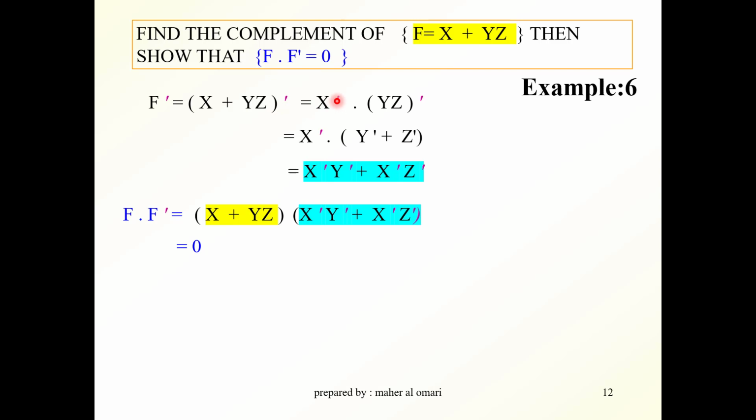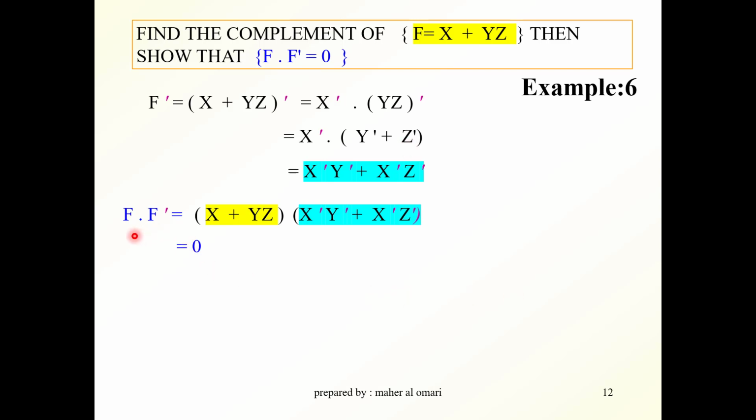So this is equal to X bar, this OR becomes an AND, and this is equal to YZ all bar. Apply De Morgan's theorem here. Take the complement inside. So this is Y bar ORed with Z bar. Now distribute the AND over the OR. So this is equal to X bar ANDed with Y bar ORed with X bar Z bar.